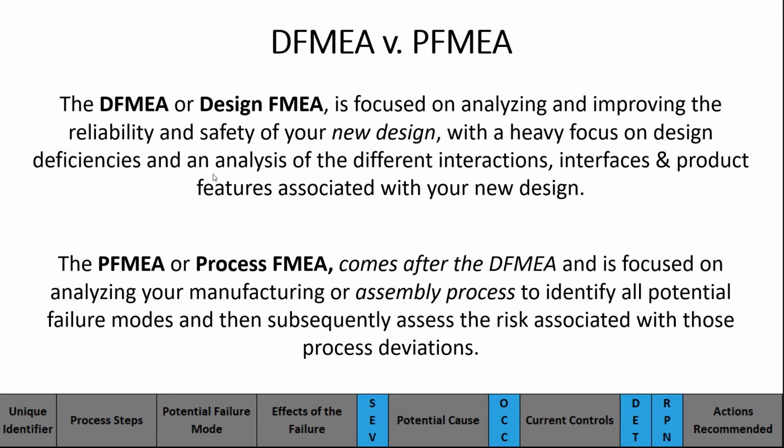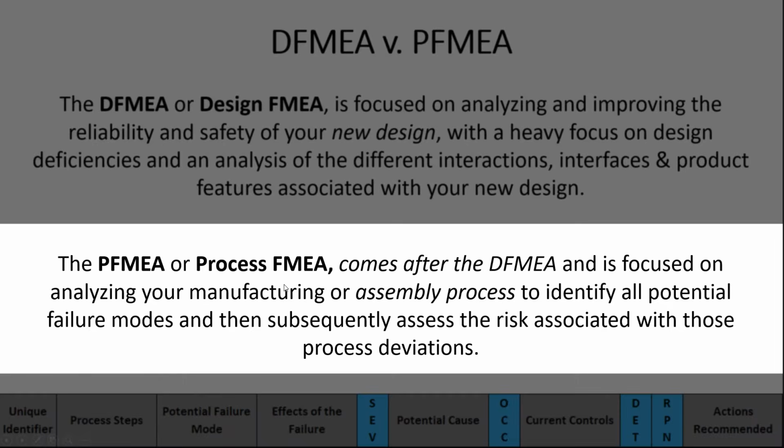And the FMEA is a great tool to help you identify specific features of your product that, if they were to be non-conforming, would directly impact either the safety of your product or the functionality. That's a really important aspect of design, is identifying critical to quality attributes. And then basically, once you're done with your DFMEA, you can start your process FMEA, because what you do is you take those critical to quality attributes and you think about your process and the relationship that your process has to those critical to quality attributes.